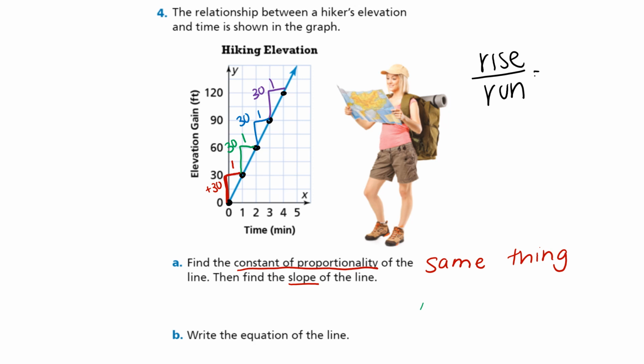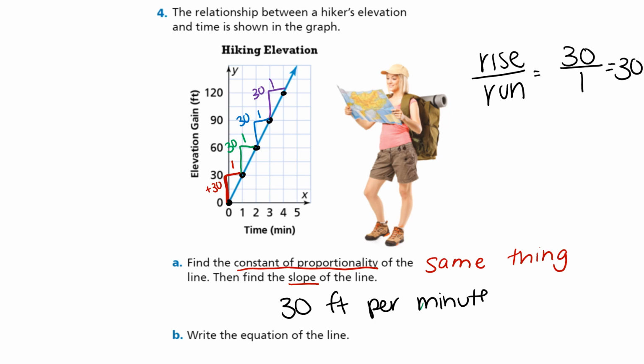And so our fraction, 30 divided by 1, gives us an answer of 30 feet per minute. For the equation of the line, we have y equals kx, which we plug in our answer 30. Y equals 30x.